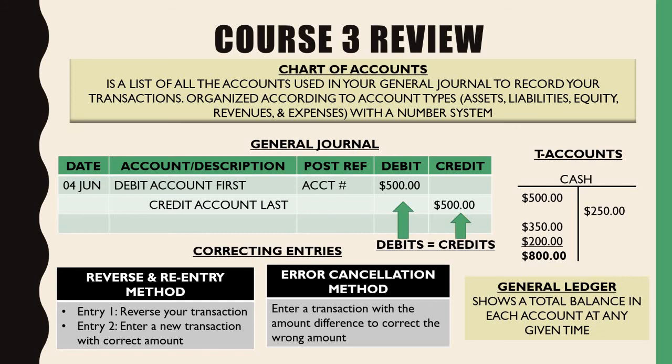Whereas error cancellation is only one journal, and what you're going to do is find the difference between your mistake and enter the difference according to which accounts are overstated or understated. So again, error cancellation has a lot of thinking involved with it. All right. Any questions in regards to chapter 3?